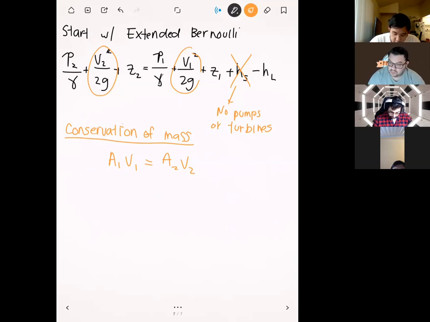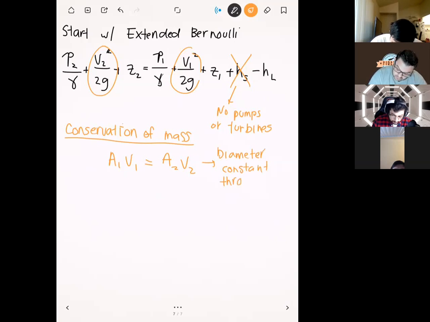And so this is our conservation of mass expression. One other thing that we know from this problem is that the diameter is constant all throughout. So the diameter doesn't change. That means that the area at the inlet has to equal the area at the outlet because their diameters are the same and they're both a circle.